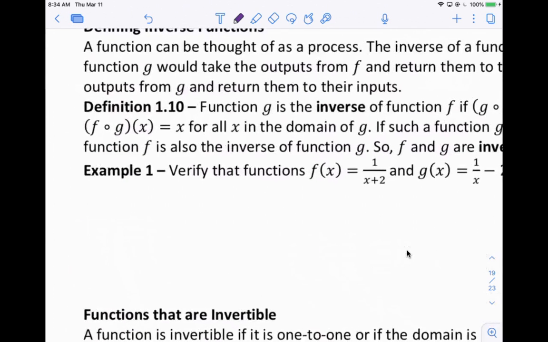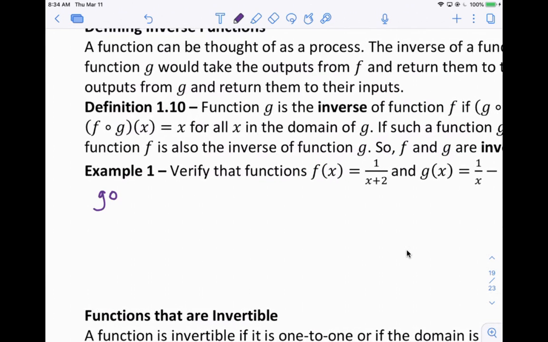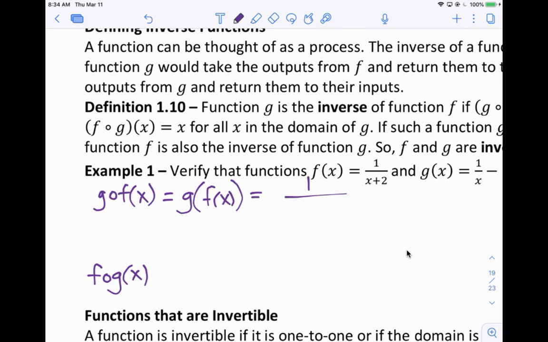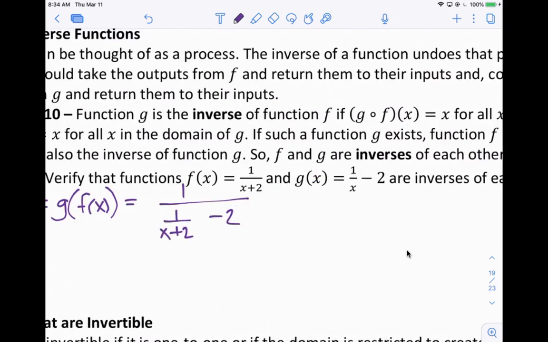So we need to compose these together, g of f of x and f of g of x, and hopefully what we get is an x as a leftover. We've got f plugging into g, with the g coming first. Here's my g function, and I will plug my f function into it.